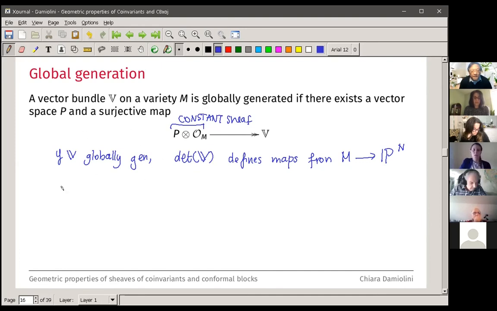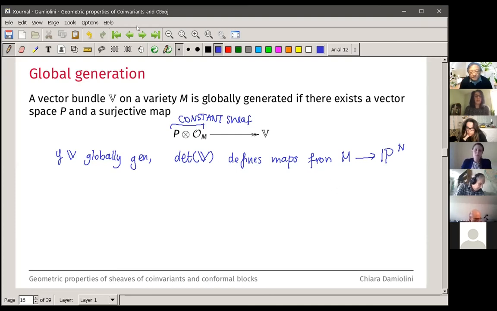So it's interesting to understand whether we can construct many more maps, because if all these bundles are globally generated, we will have many more maps and maybe have more information about M_g bar, which although it's a classical object, still has many questions to answer.